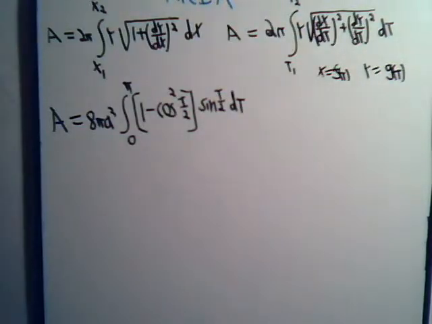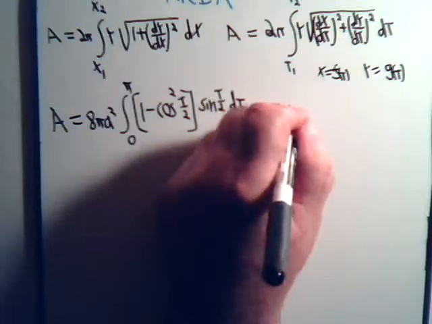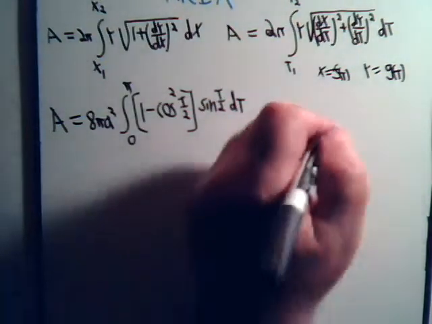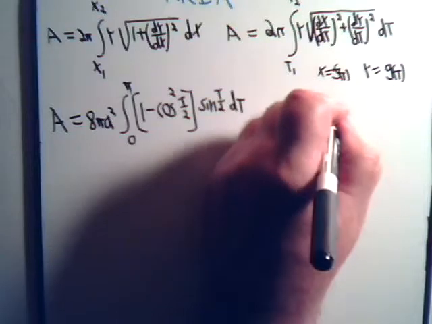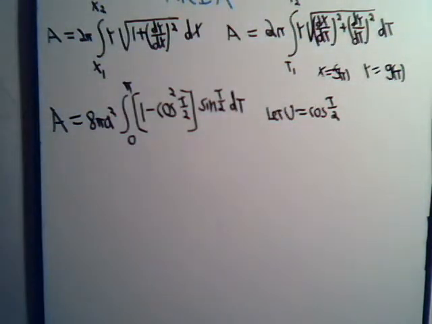So we'll go like this. Let u equal cosine of t over 2.